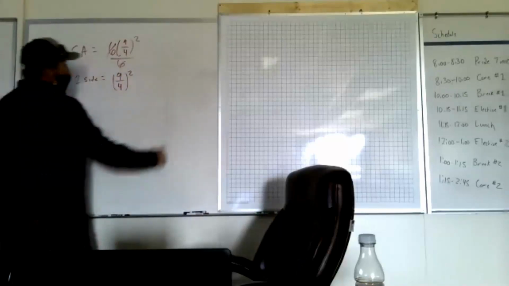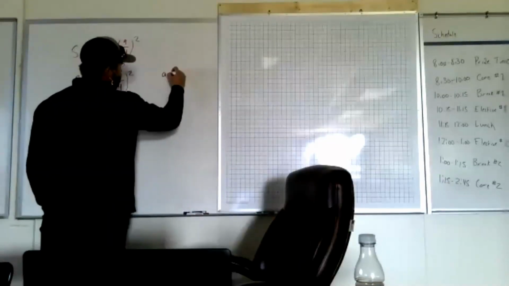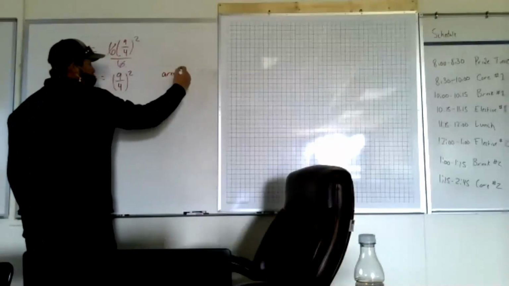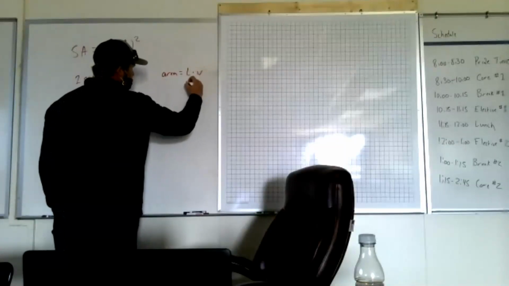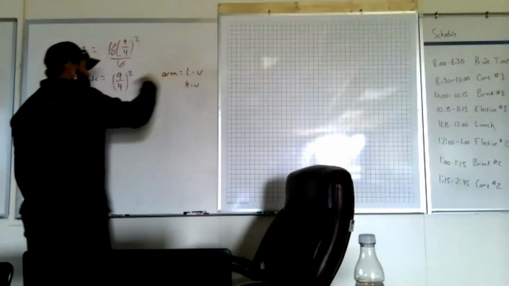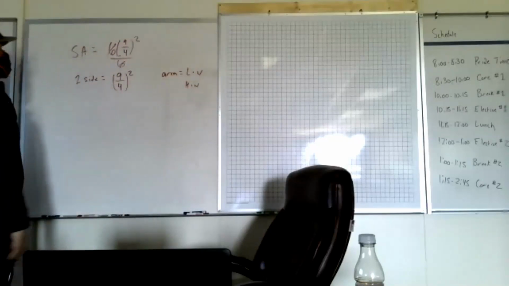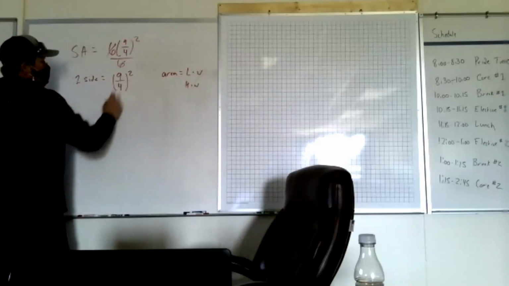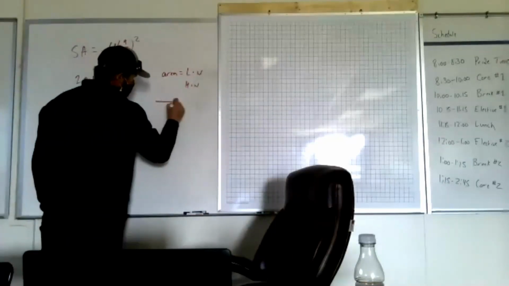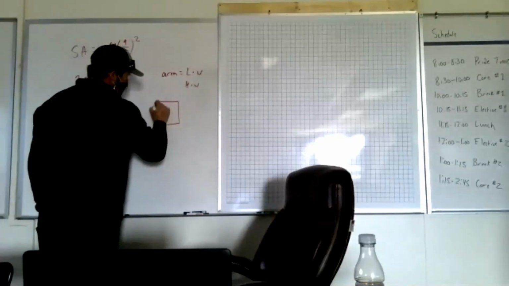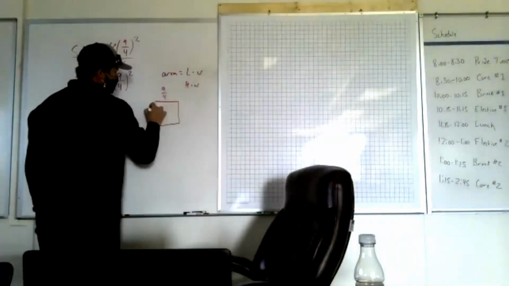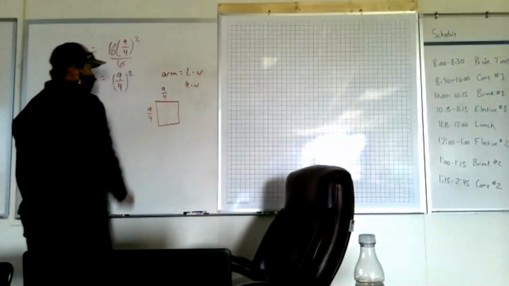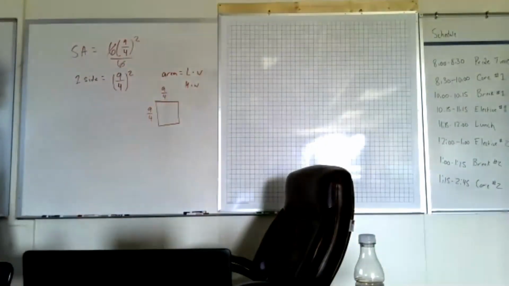If you remember anything from geometry about the area of a quadrilateral, it says you take length times width, or height times width, however you want to look at it. But you can see that this is squared. So what this means is that for one side of our cube, the side length is a divided by 4.